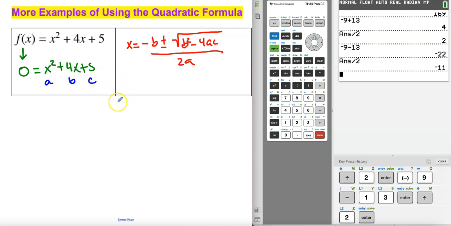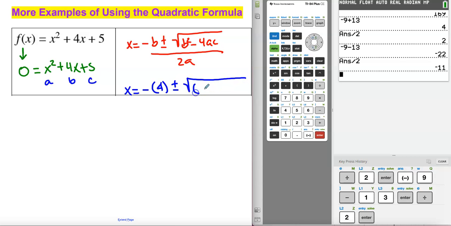So now I substitute those into the quadratic formula. So x is equal to, b is 4, right? So it's minus, open parentheses, 4. Every time I substitute something in, I want to put it in parentheses.